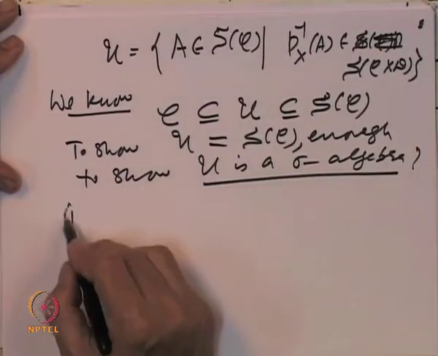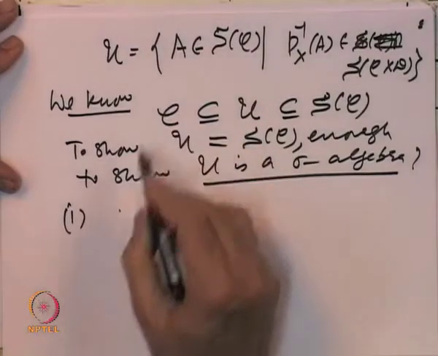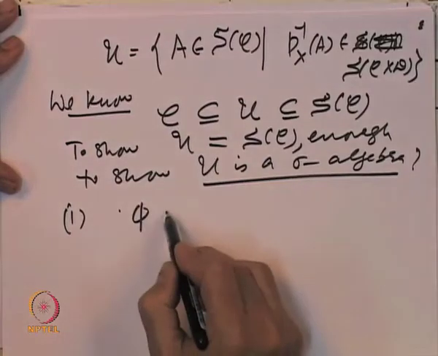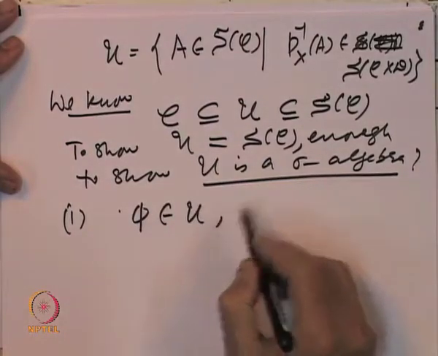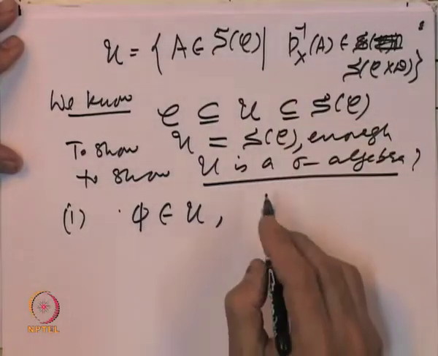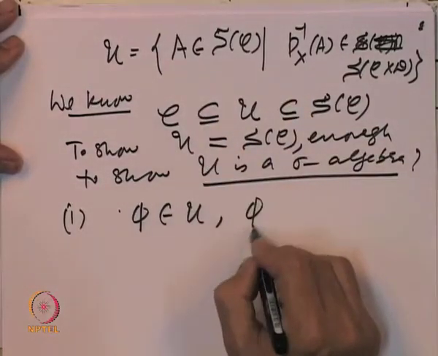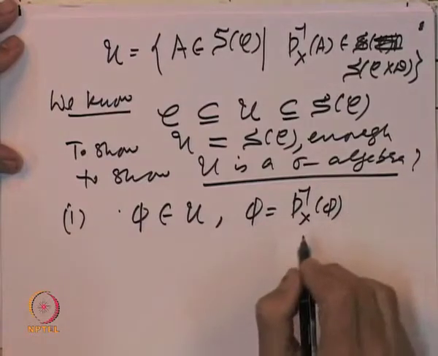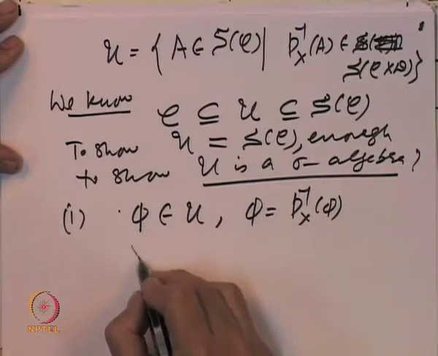So, let us look at the empty set. It belongs to U, because the empty set is equal to P_x inverse of the empty set. Okay. So, the empty set belongs to U. And what about X?